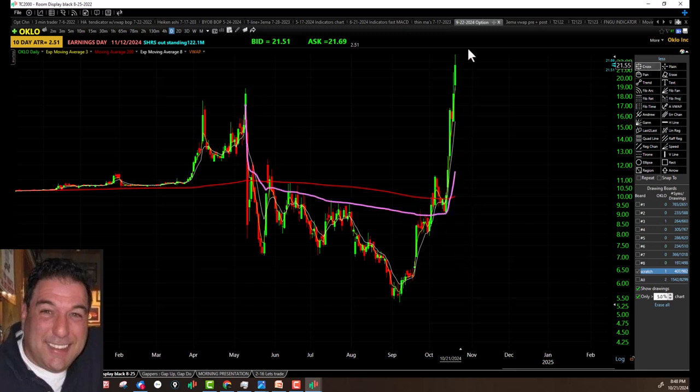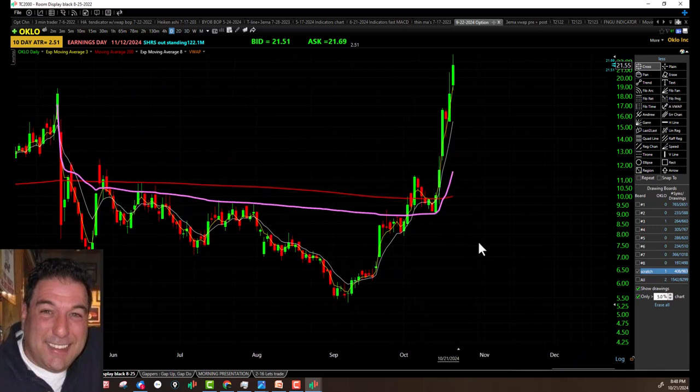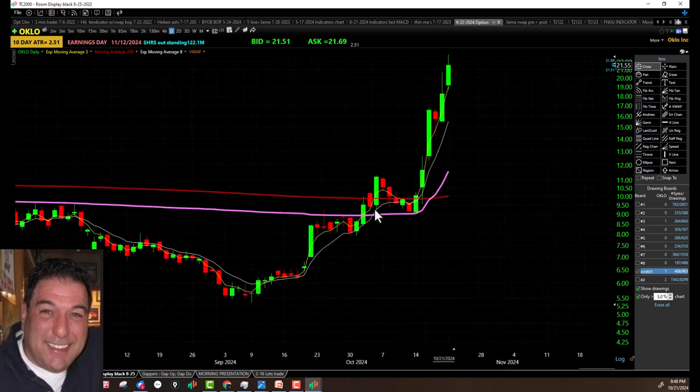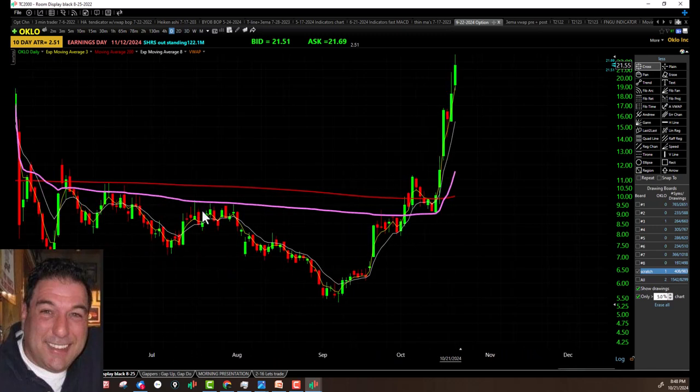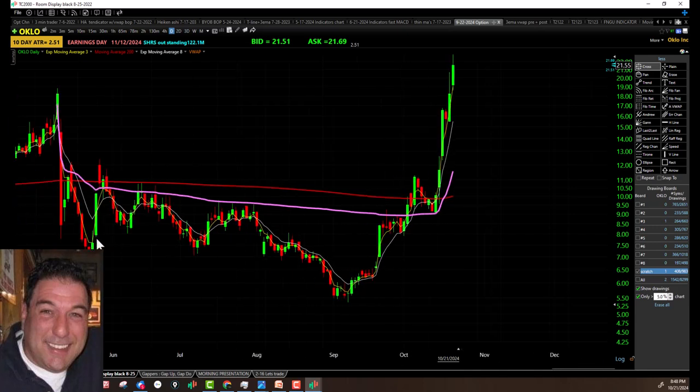Whenever I see price over that, see how price got on top of that. Look how price comes right up to it and then fades. See this? This is a powerful tool, this anchored VWAP. I encourage you guys to use this.